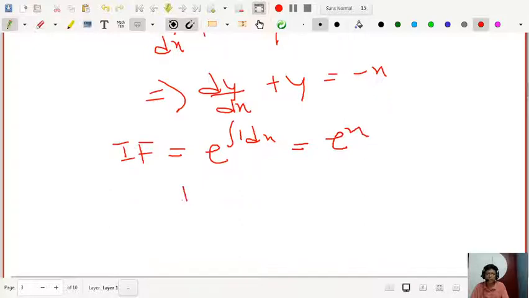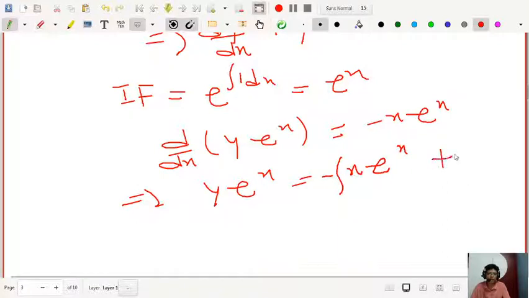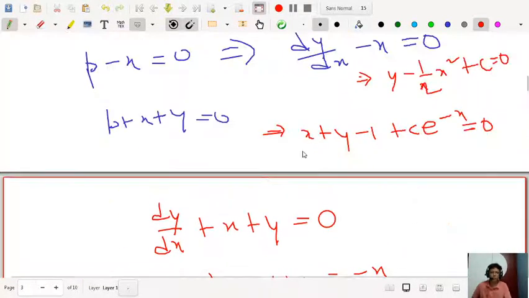So your differential equation will be d/dx of y into e to the power x equal to minus x e to the power x. Integrating, you have y e to the power x equal to, you have to do integration by parts here, and you have taken the constant as c. So you can easily check that this will be the general solution.